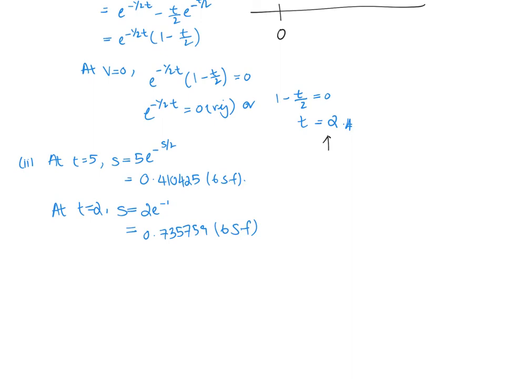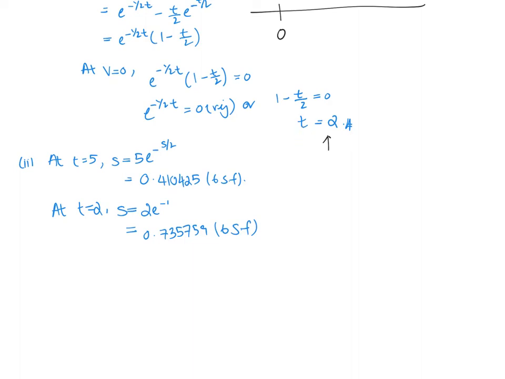So you can see that this displacement is really bigger than this value. Therefore, as mentioned earlier, you cannot just conclude that the distance traveled for the first 5 seconds is this, because the particle did turn around. So the total distance expected will actually be more. And how do I know that I need to sub in t equals 2? That is because I know that the particle was momentarily at rest at time equals 2.